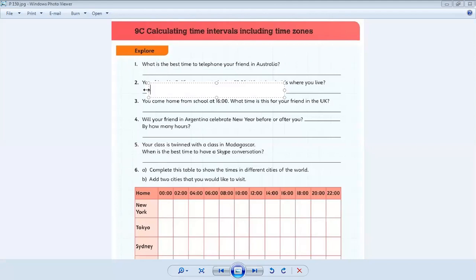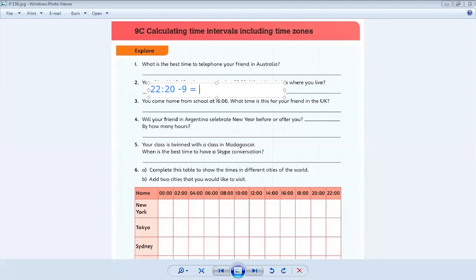You need to be careful. 22 minus 9. No one told anything about this one. We have to make minus because California is later than us. Is it right? 22 minus 9.